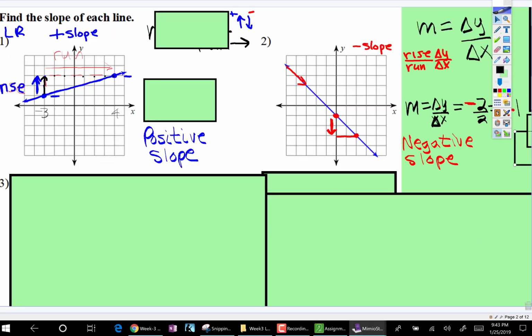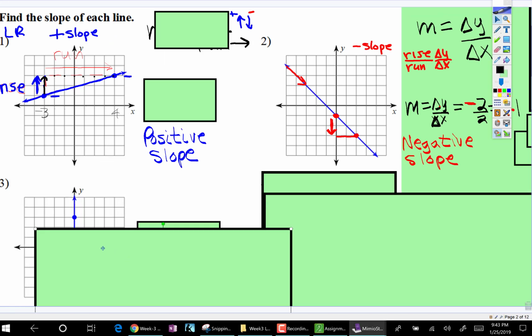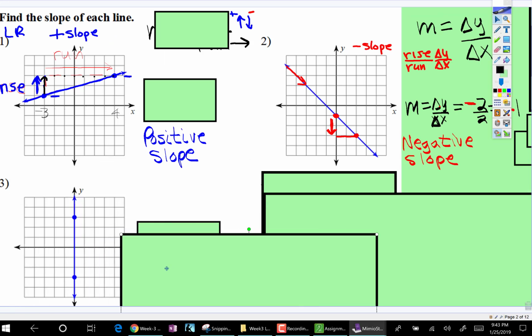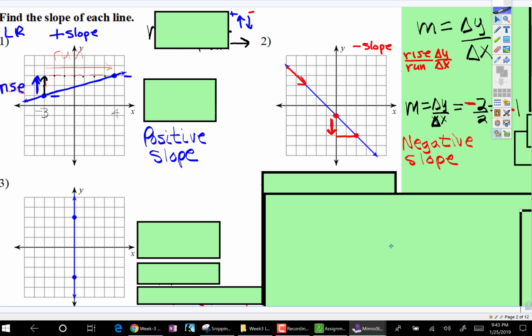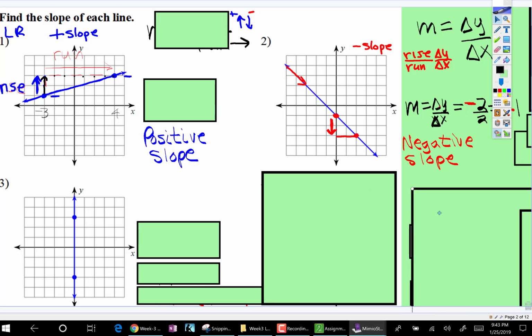All right, let's go back. Now, what happens when we have a vertical line? What kind of slope is that? Let's see if we can figure it out. Remember, it's the change in y, or rise, over the change in x, or run.